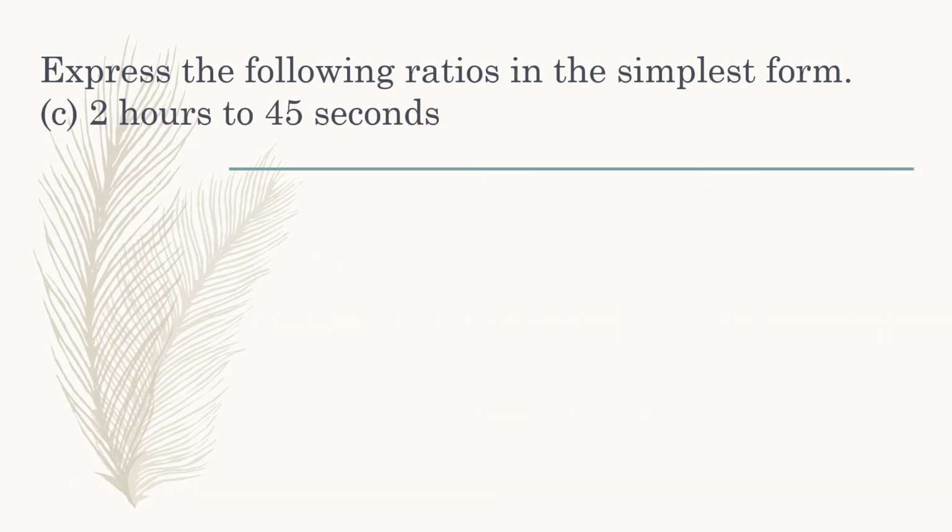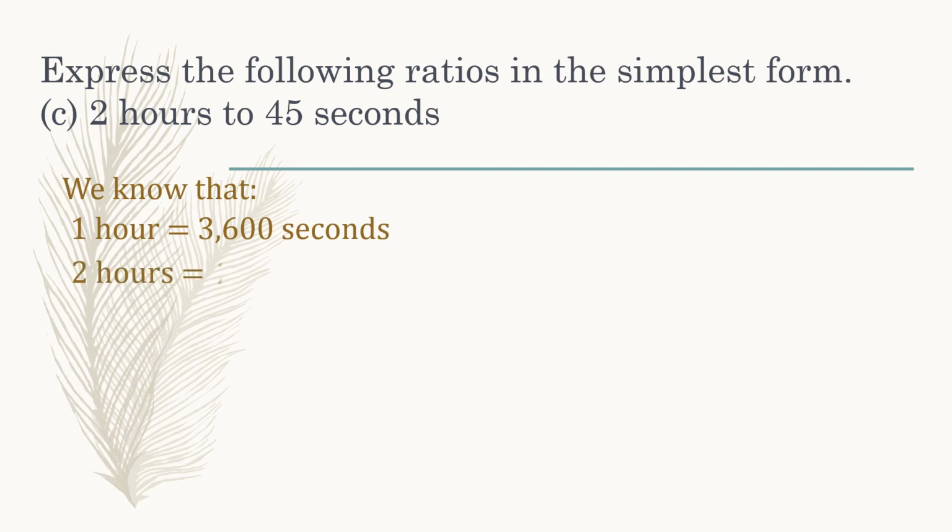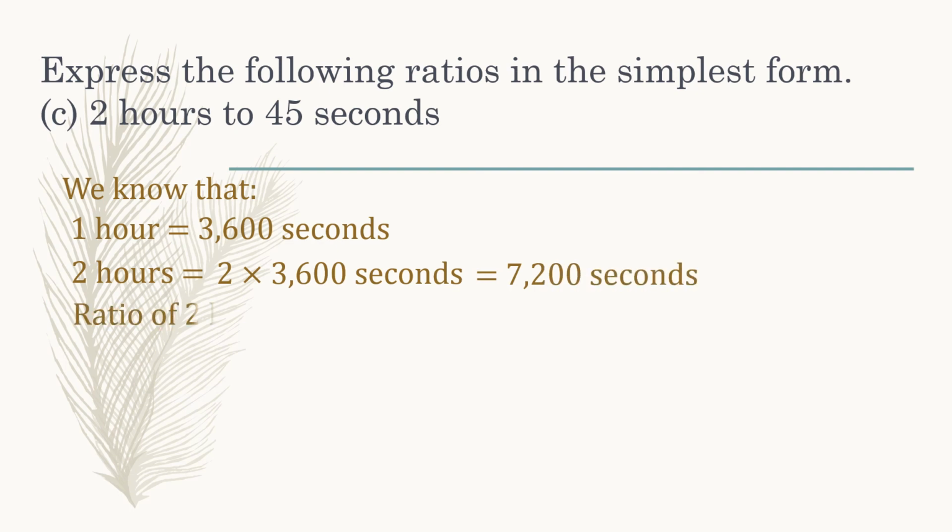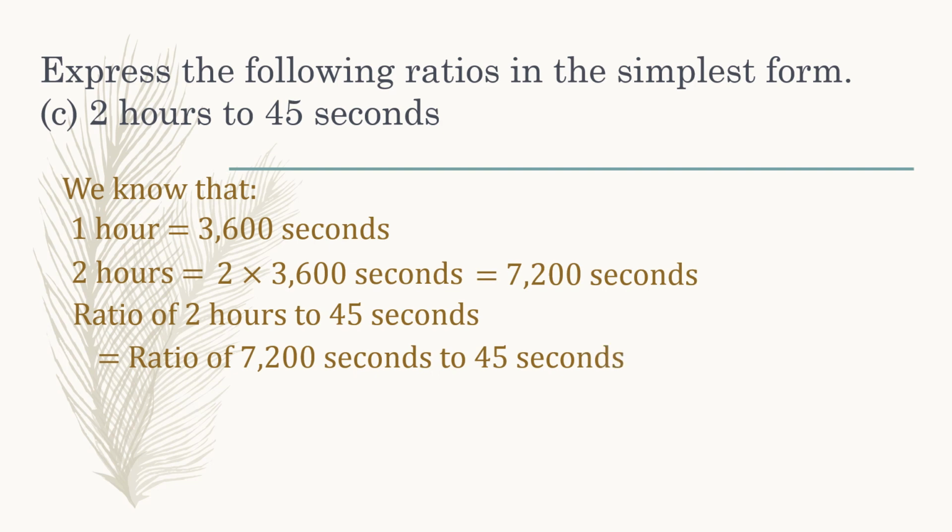The next is, express the following ratios in the simplest form. Number C. 2 hours to 45 seconds. We know that 1 hour is equal to 3600 seconds. So 2 hours is equal to 2 multiplied by 3600 seconds, which is equal to 7200 seconds. So the ratio of 2 hours to 45 seconds is equal to the ratio of 7200 seconds to 45 seconds, which is 7200:45.